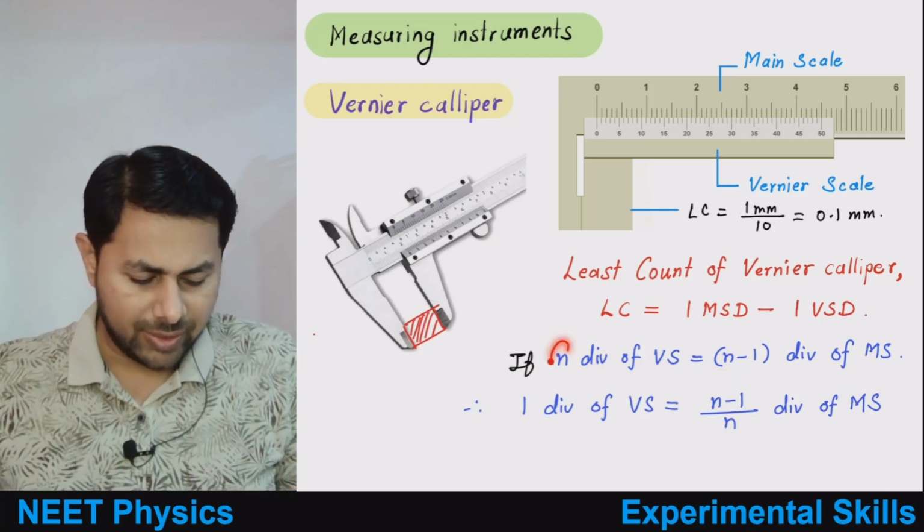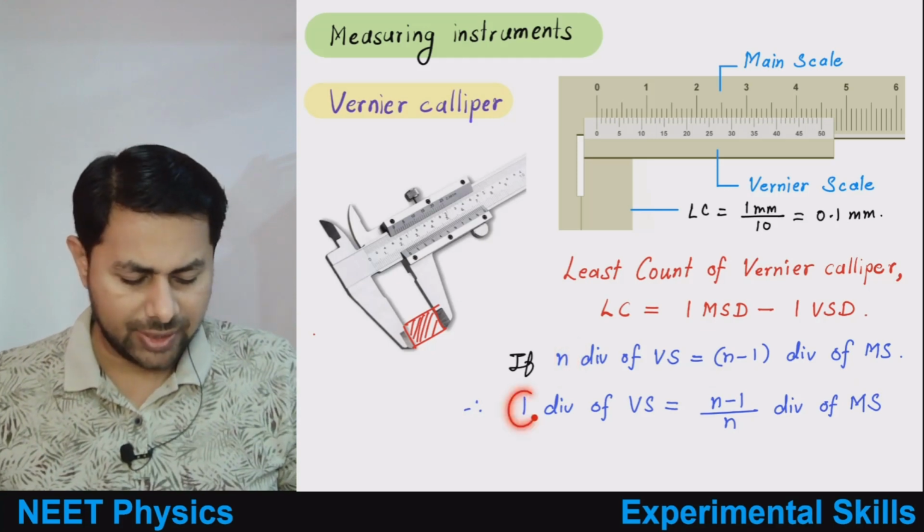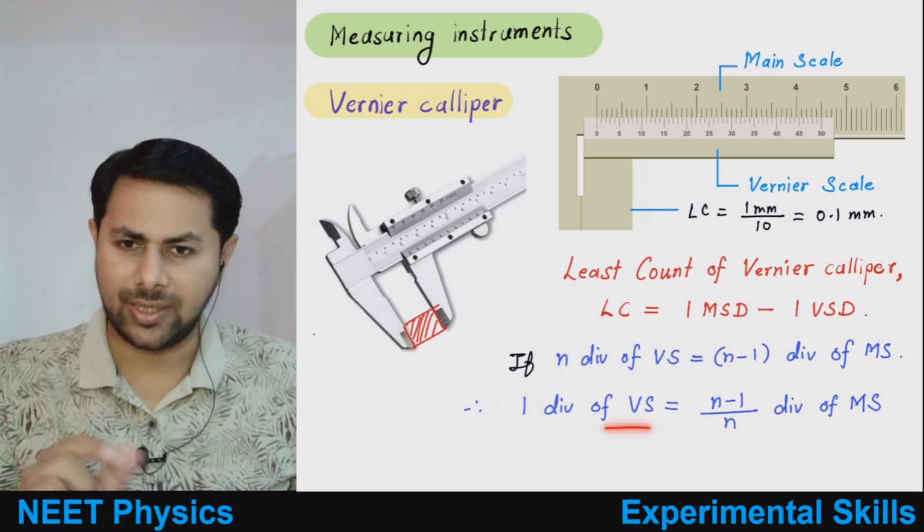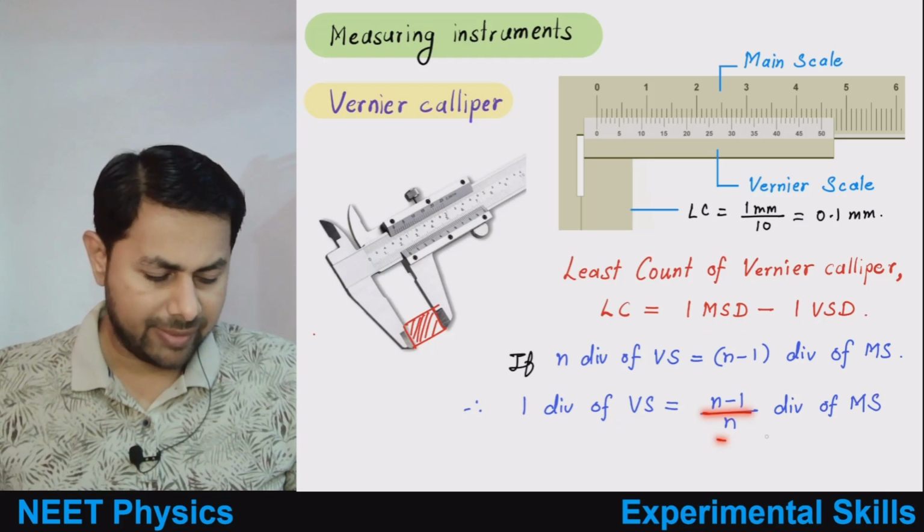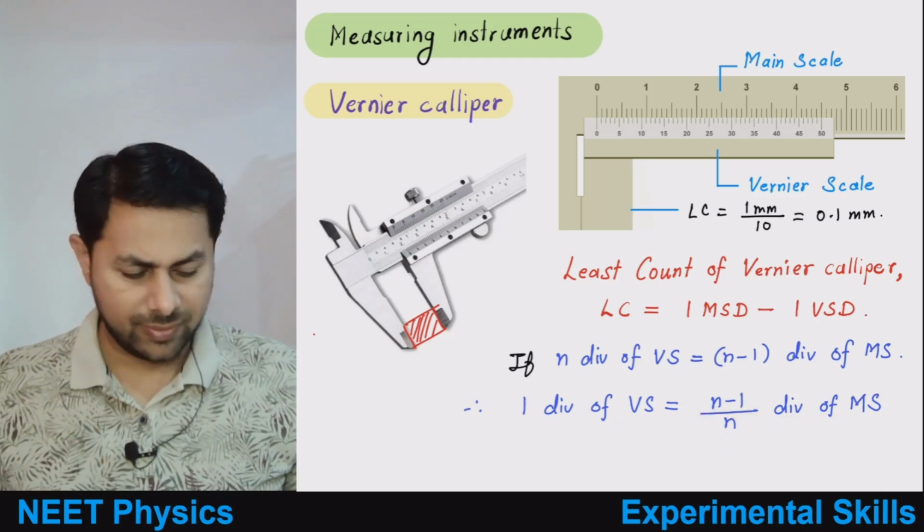So moving n to the other side, the distance of 1 division of the Vernier scale is equal to (n minus 1) divided by n divisions of the main scale.